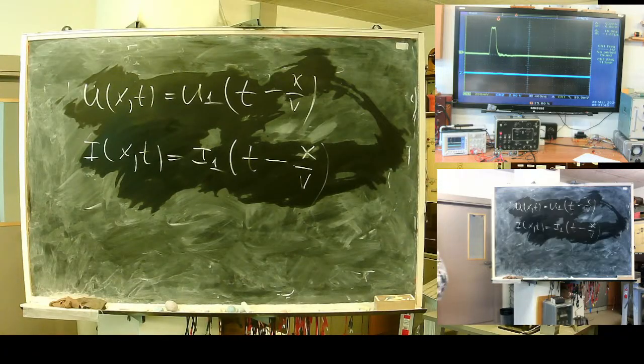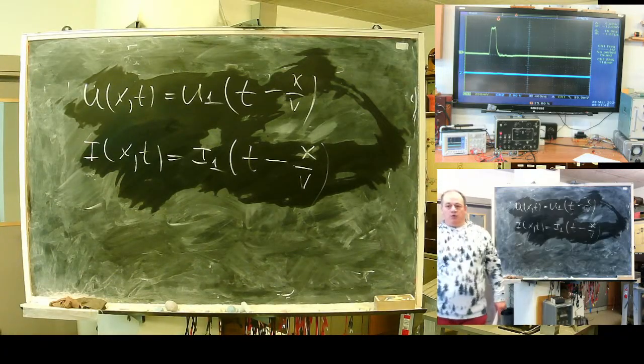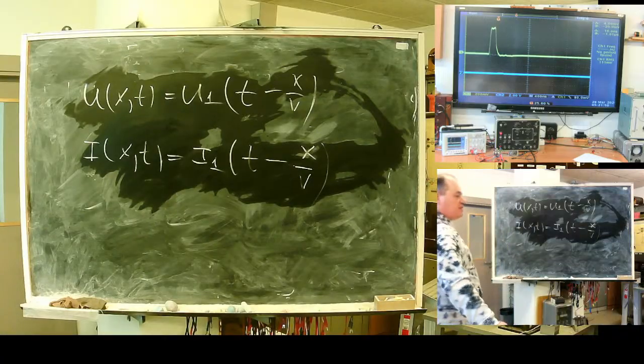This is the easiest mode, when a line is loaded with resistance equal to its wave resistance.